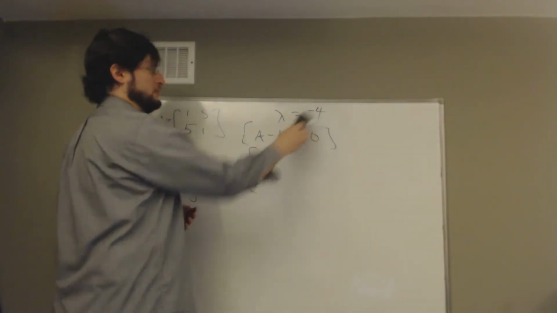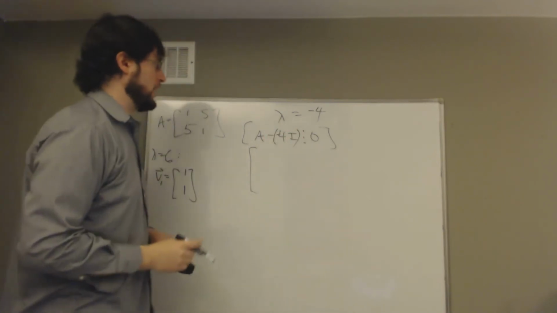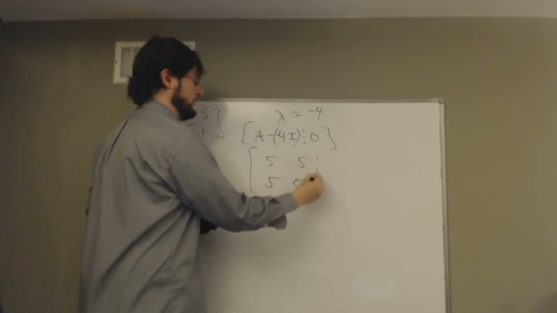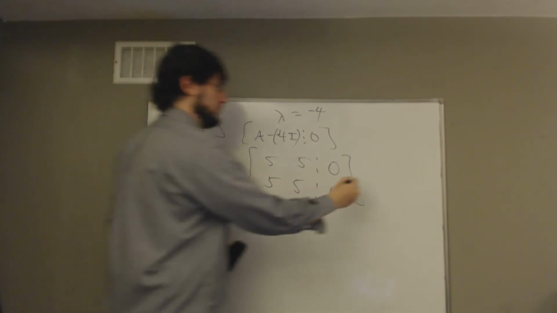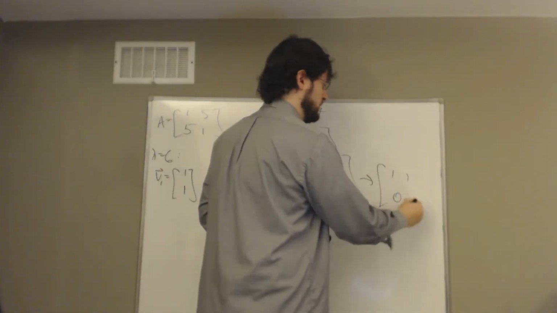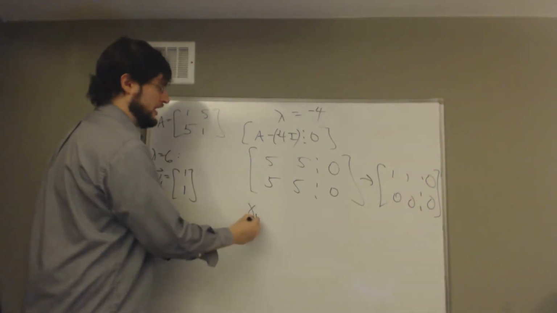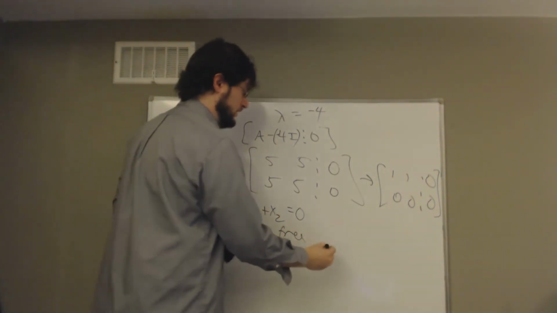So that's lambda equals negative 4, which becomes A minus negative 4I, so that's a plus 4, which is 5, 5, 5, 5. This row reduces to 1, 1, 0, 0, and then zeros, which says that x1 plus x2 is 0, and x2 is free.